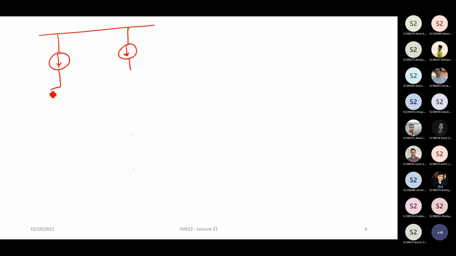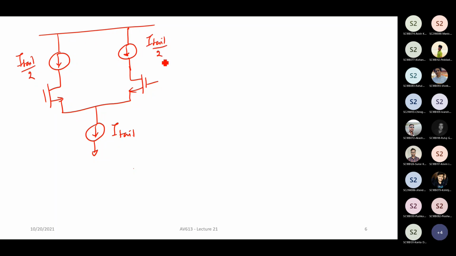Okay. So conceptually, the differential amplifier now becomes like this. You have I tail here. This is I tail divided by 2 current source, I tail divided by 2 current source.